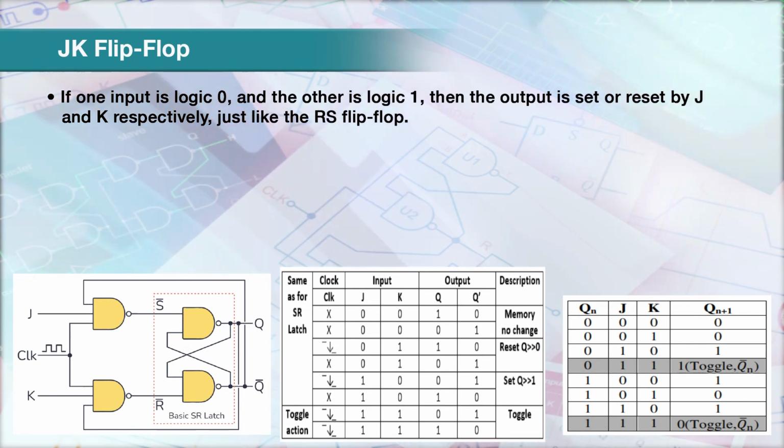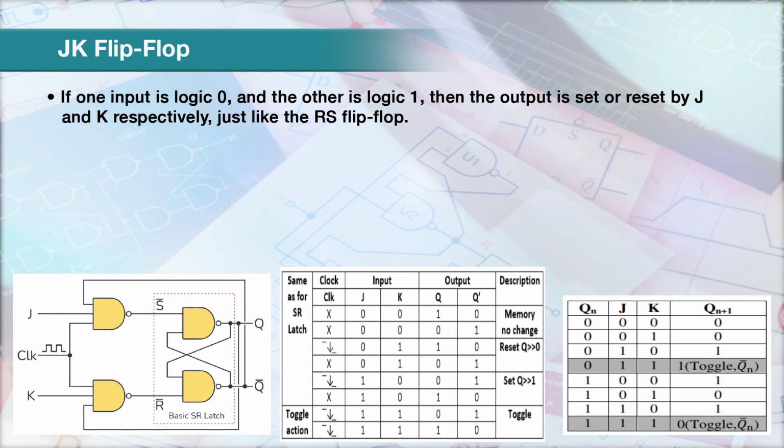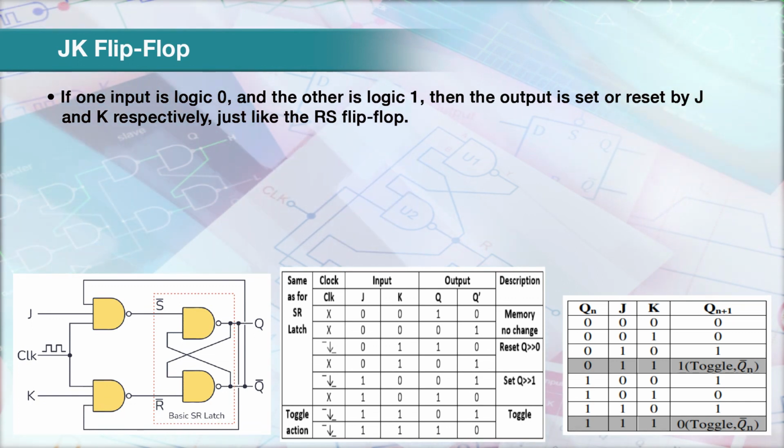The JK flip flop has the following characteristics: if one input is logic 0 and the other is logic 1, then the output is set or reset by J and K respectively, just like the RS flip flop.